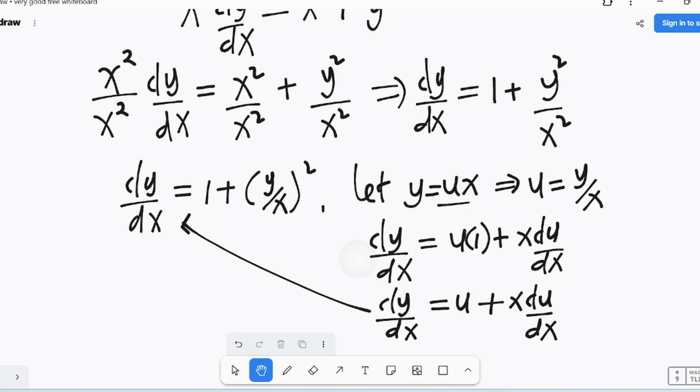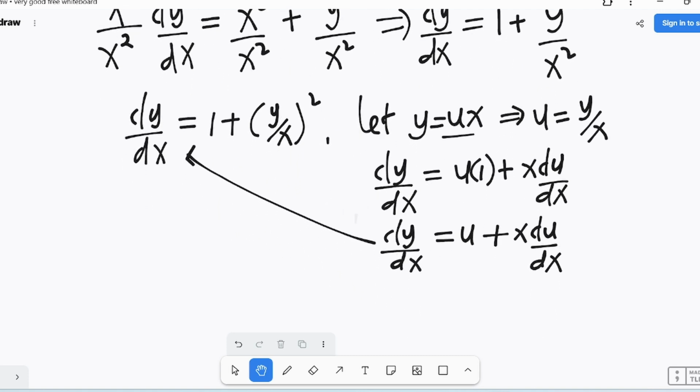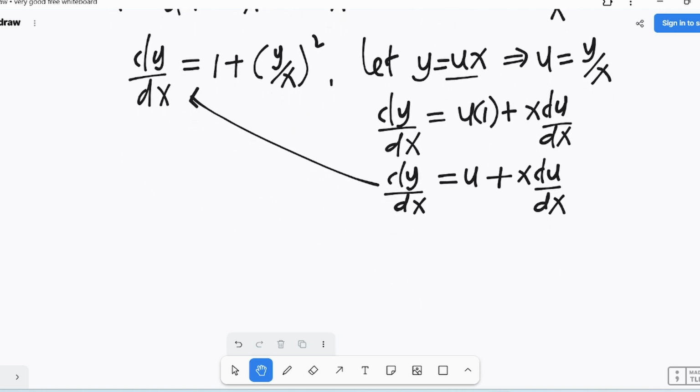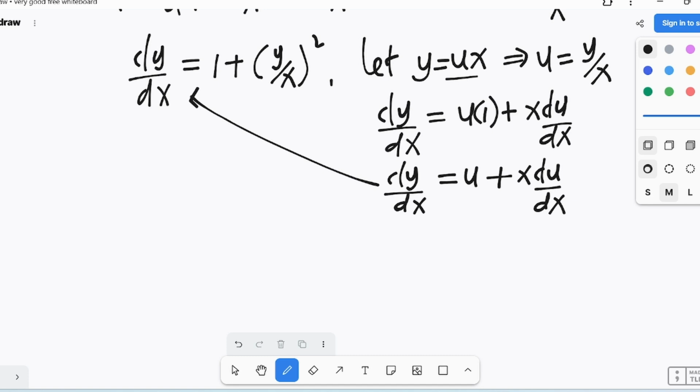When we substitute it there, we shall have u plus x du dx is equal to 1 plus u squared.